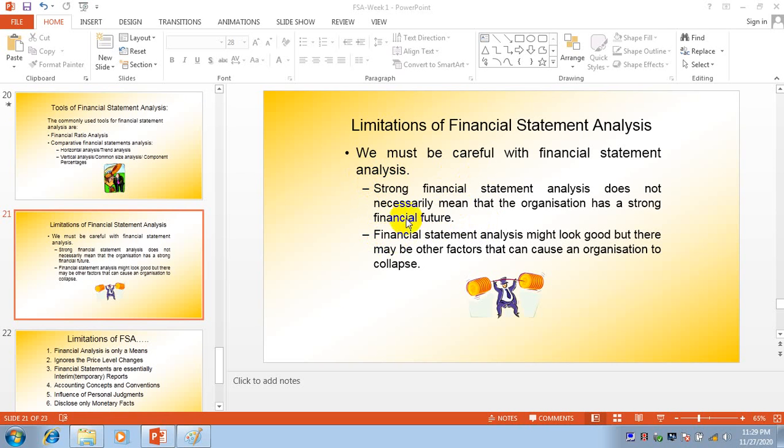The next thing is, this is one limitation, one weak point of financial statement analysis. Financial statement analysis might look good, but there may be other factors that can cause an organization to collapse.